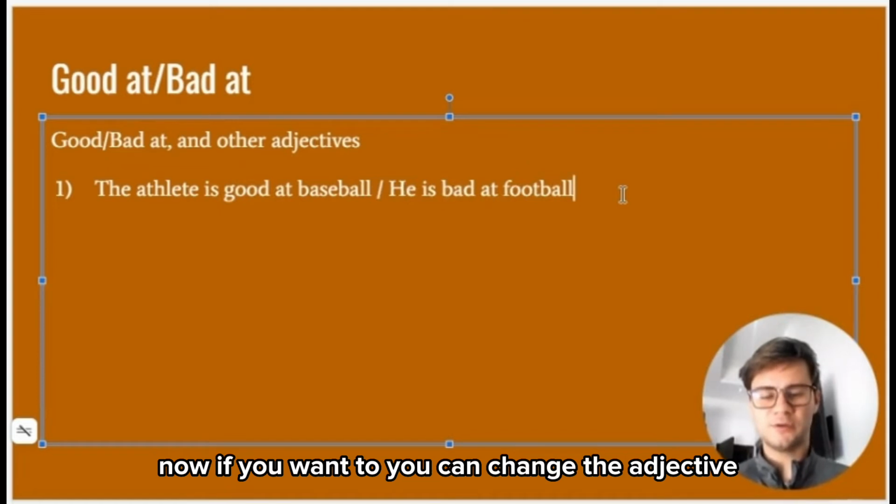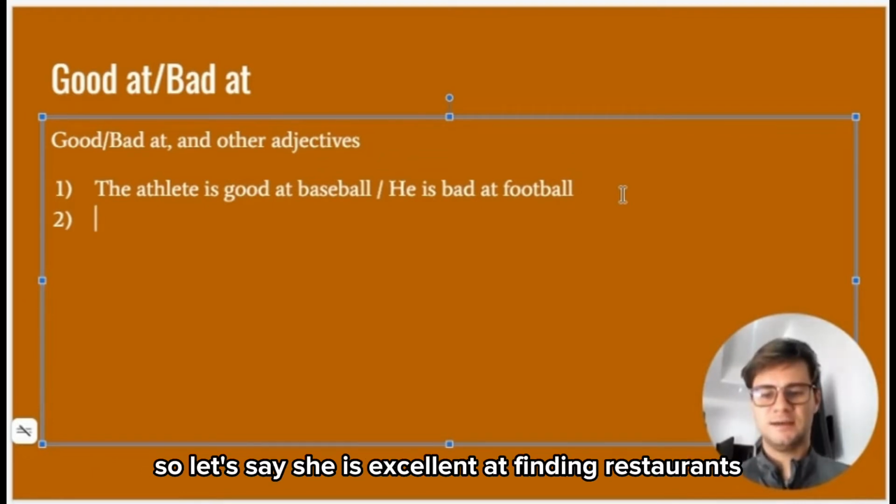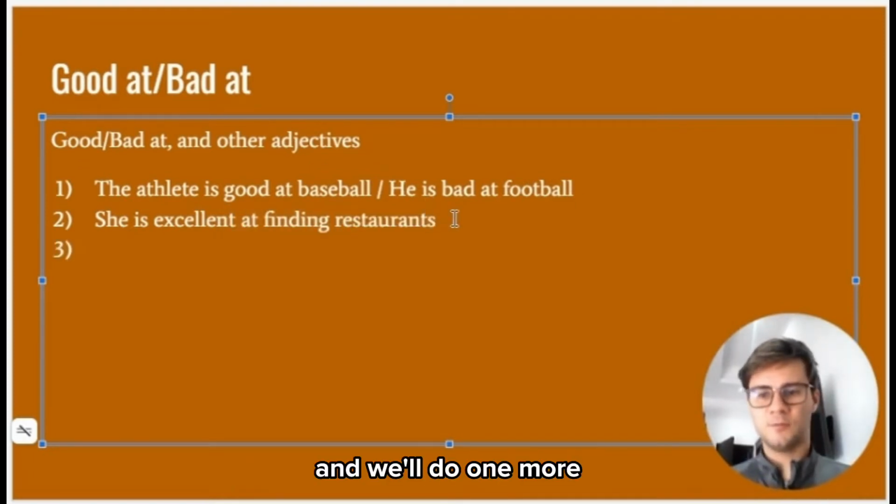Now, if you want to, you can change the adjective. This can be kind of any adjective to describe ability. So let's say she is excellent at finding, I don't know, restaurants, something like that. Again, an ability here. And we'll do one more.